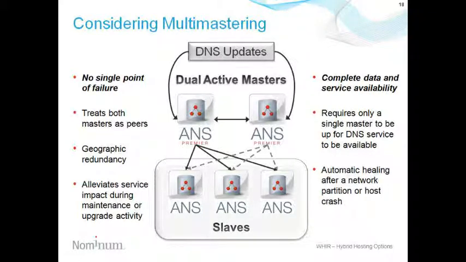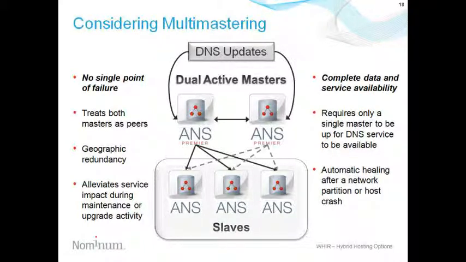Now, dual active masters makes it a little bit better. It allows the dual active masters to sync. So you may have a data center in New York and one in Los Angeles where you can sync the data together by some kind of queries, some kind of commands. But even still, if one goes down during the middle of an update, some of that information will not be present in the other master.